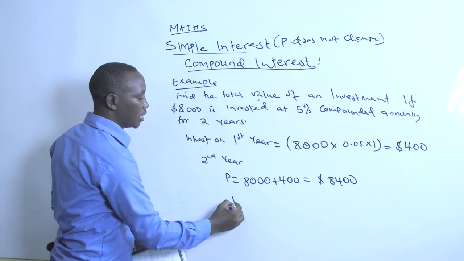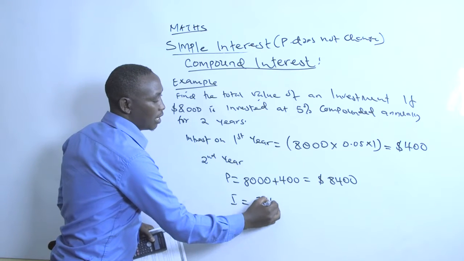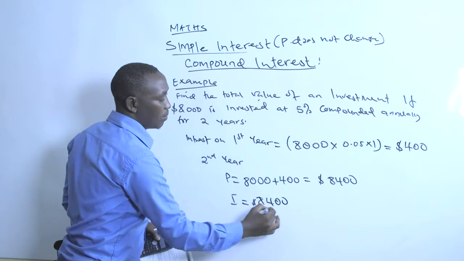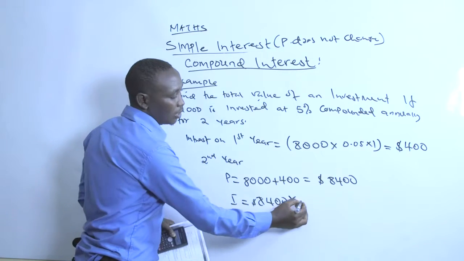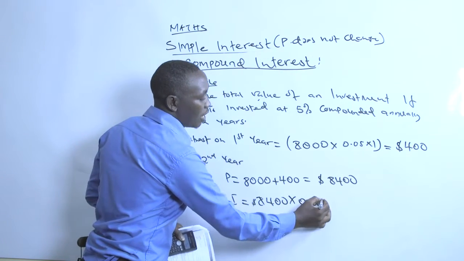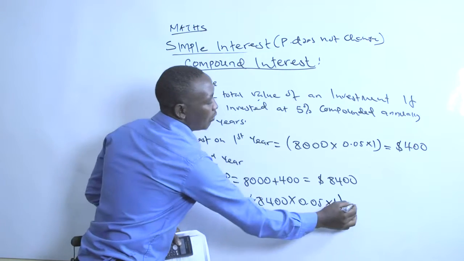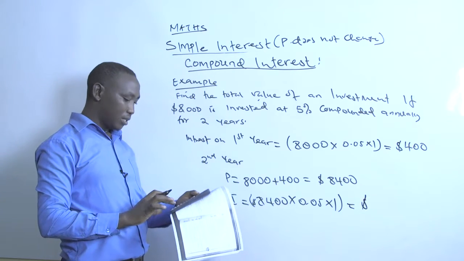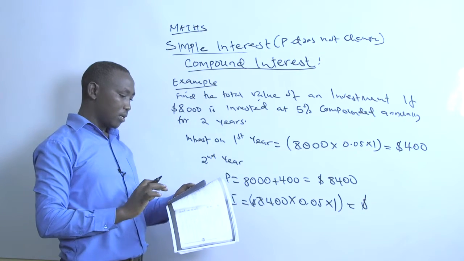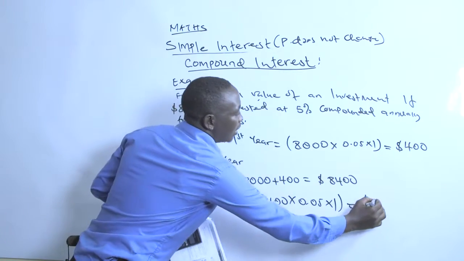Therefore, the interest in the second year will be $8,400 multiplied by the rate, still at 5%, as a decimal will be 0.05. Then we still multiply it by 1 because we are dealing with one financial period. That will give us $420.